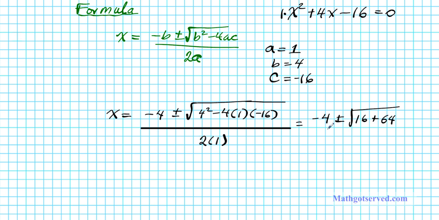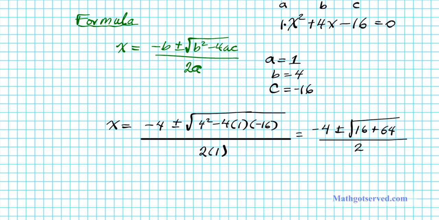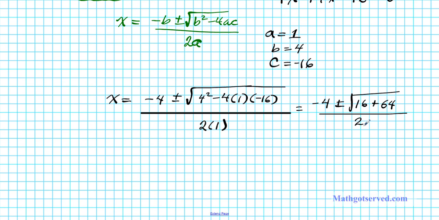That divided by 2. Now what we can do is split up this denominator to both terms here. So we're going to have negative 4 over 2 plus or minus the square root of 16 plus 64 is 80 divided by 2. Okay?